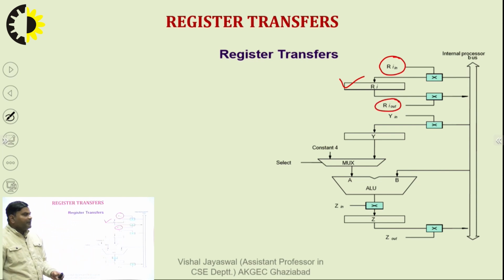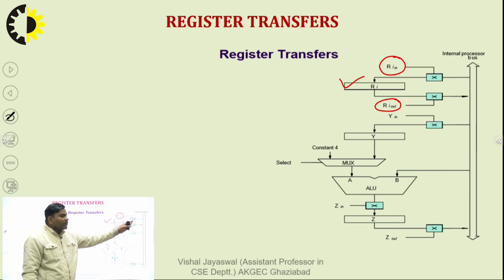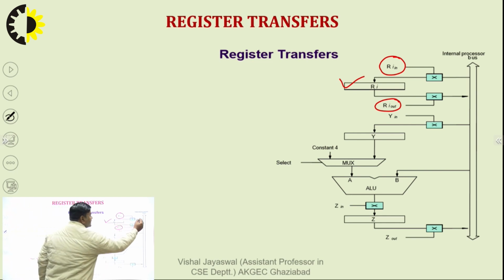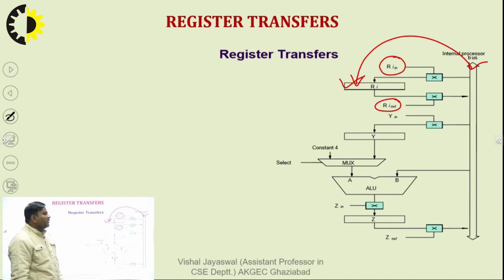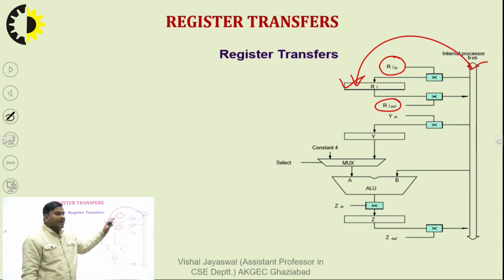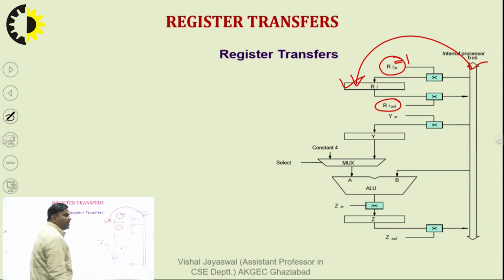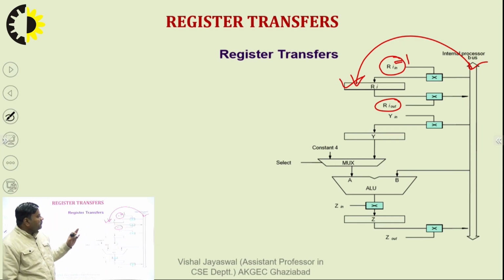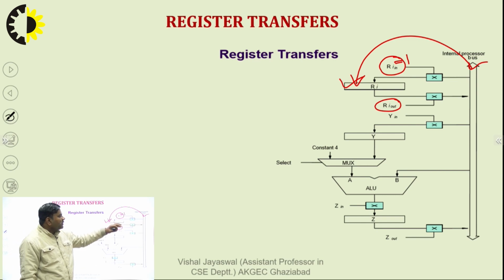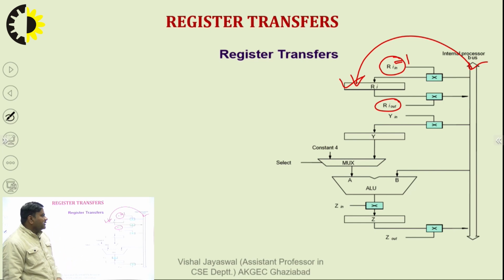If we want to place the content from the internal processor bus into the Ri register, then we have to select the value of Ri in equal to 1. If Ri in equal to 1, then the content of the internal processor bus goes into the Ri register.